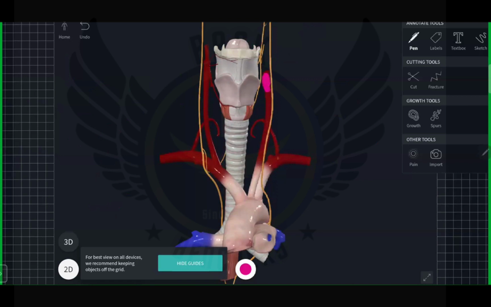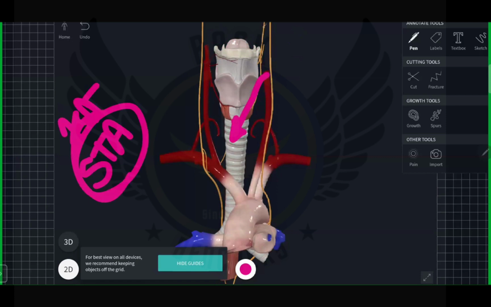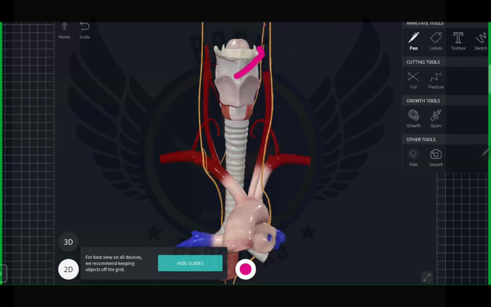This is your common carotid, and it branches into internal carotid and external carotid. This external carotid gives a first branch, that is your superior thyroid artery, which is very near to the superior laryngeal nerve. The superior laryngeal nerve branches into the internal laryngeal nerve and the external laryngeal nerve.